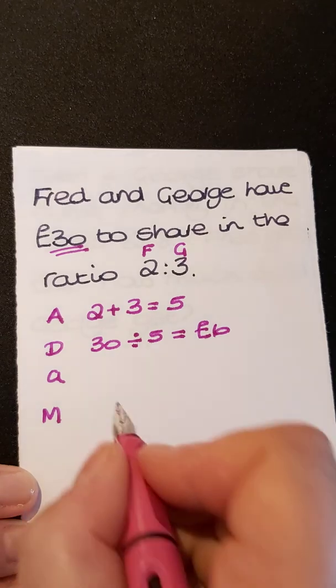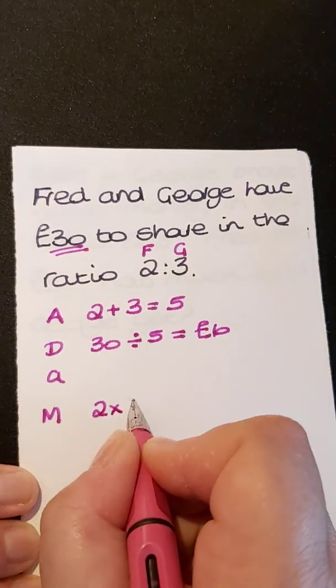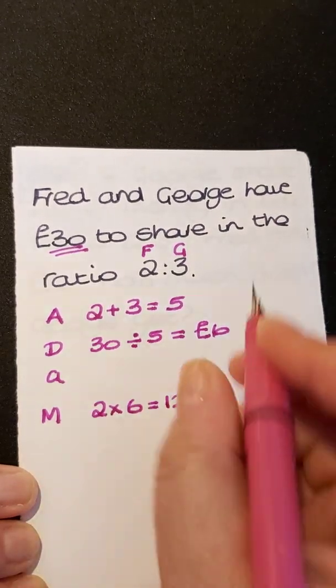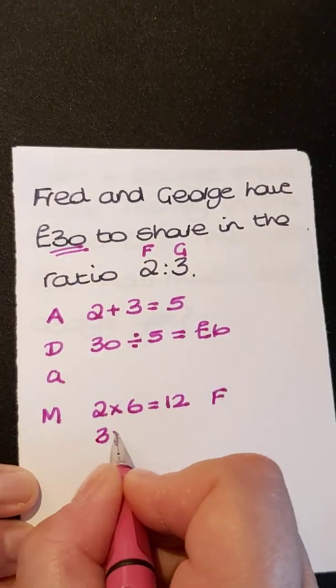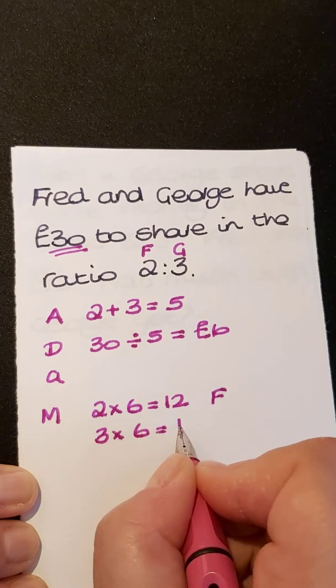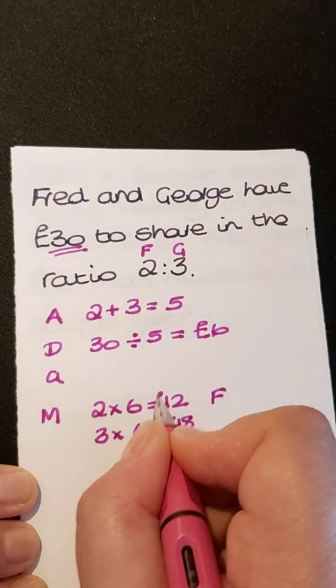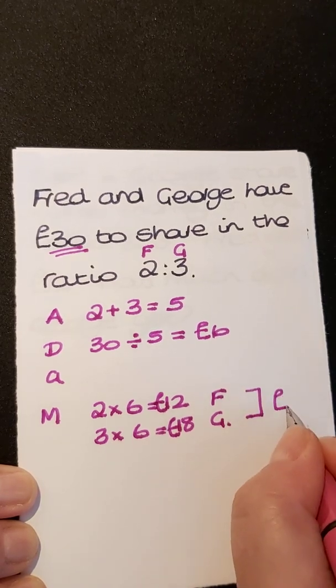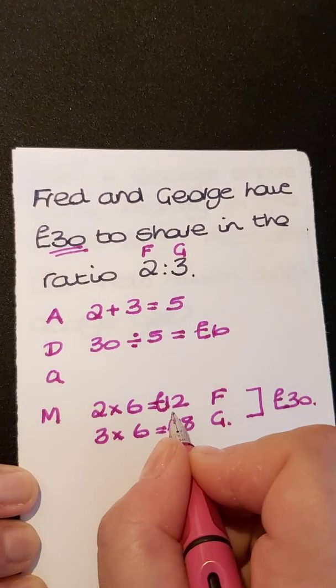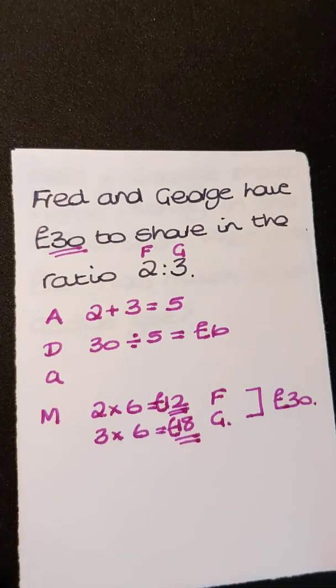And then I multiply. 2 times 6 is 12. That's what Fred gets. And George's number was 3. So 3 times 6 is 18 with a pound sign, which I forgot. And that's George. And if I check, they add up to £30. So my two final answers are 12 and 18.